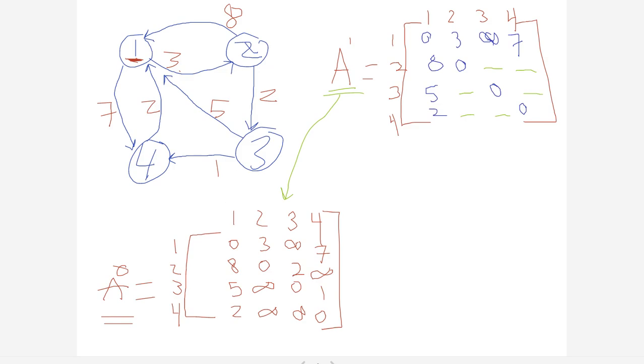To start with this one, this is actually 2 to 3, from vertex 2 to vertex 3. So I will say that this is based on the previous value, which is A0.